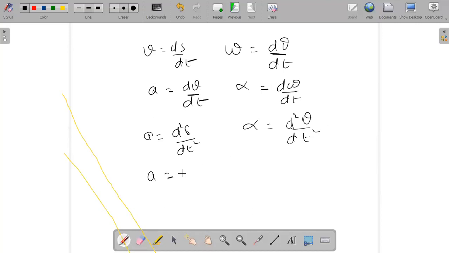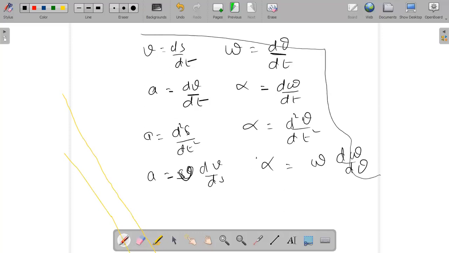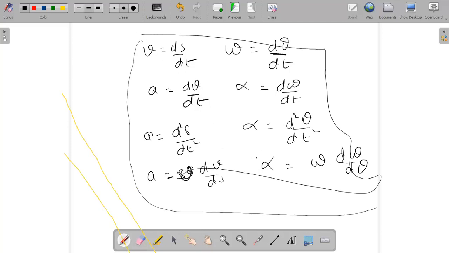Another relationship is a is equal to v into dv by ds. Here alpha is equal to omega into d omega by d theta. So you have to remember these 6 formulas. Your whole chapter is based on these 6 formulas. In tomorrow's class, we will be discussing problems based on this.